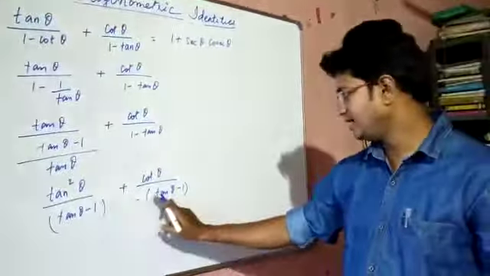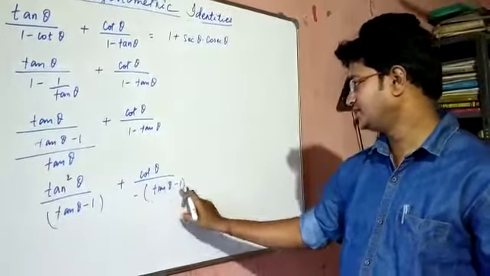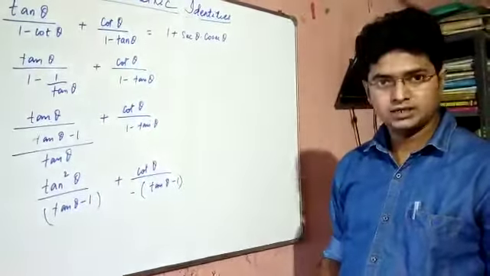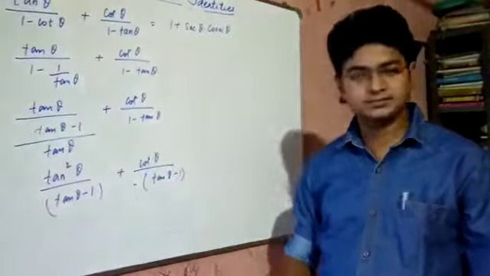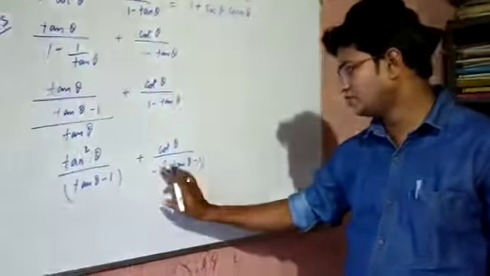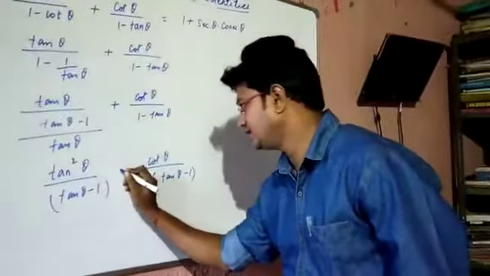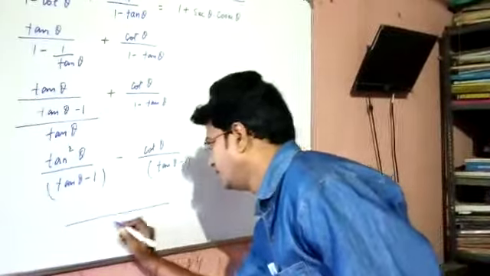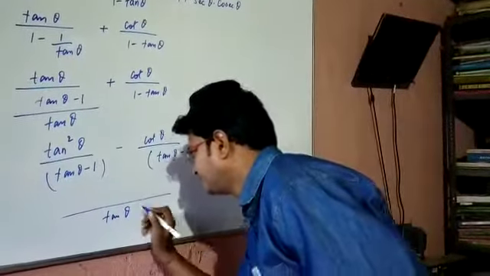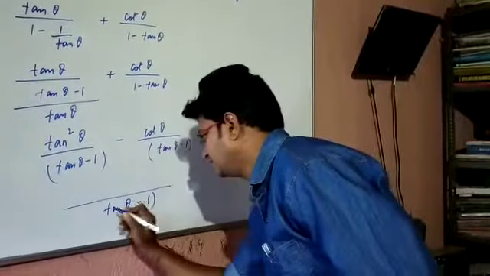See, minus plus is minus, minus into minus is plus. Now the question arises, why have we done this? So that the denominator becomes the same. Now plus into minus, finally what sign will you get here? Minus sign. So since the denominator is the same, you will take tan theta minus 1 as the common denominator.